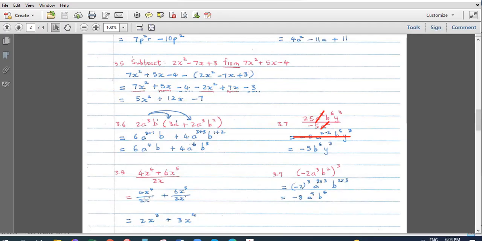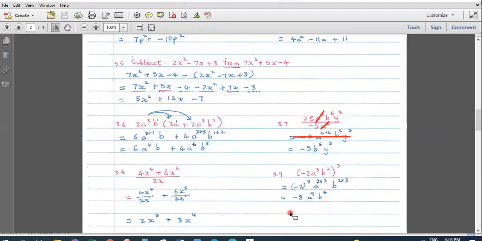So looking at the numbers first, 2 goes into 4 2 times. But this will be 4 minus 1. There's x here. X is raised to power 1. 4 minus 1, which is 3. 2 goes into 6 3 times. And then this is x to the 5 and x to the 1. So 5 minus 1 is 4. So when dividing, we subtract the exponents.